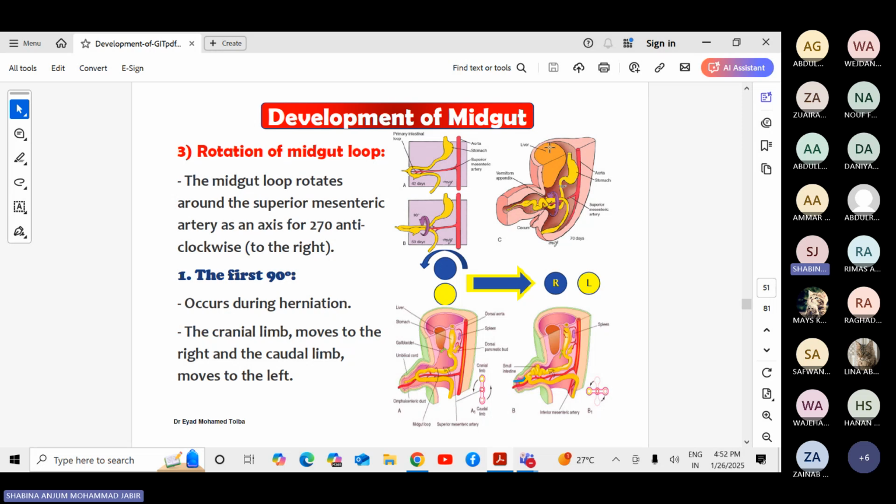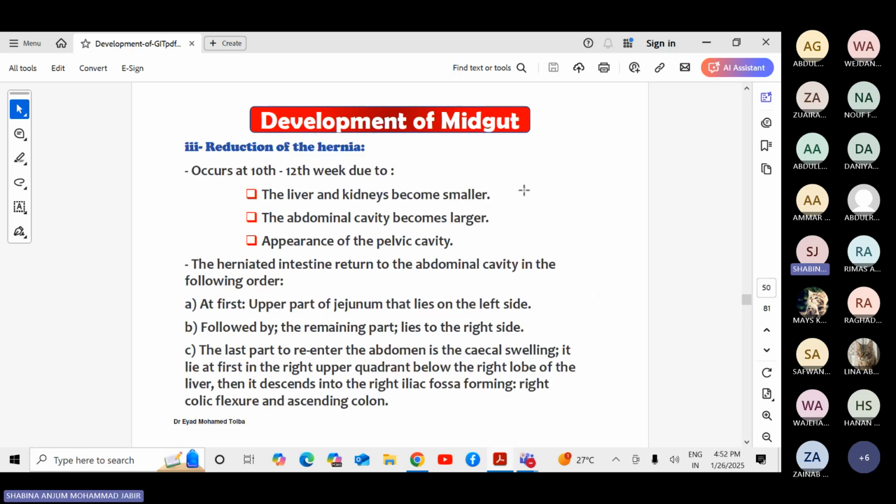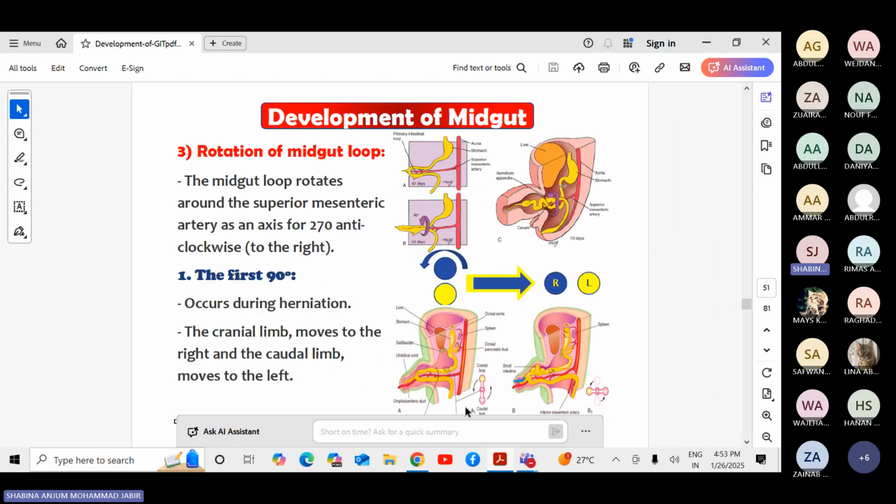When it goes inside, first it will go just below the liver, in the right upper quadrant. Then slowly it will descend into the right iliac fossa, forming the right colic flexure and ascending colon.